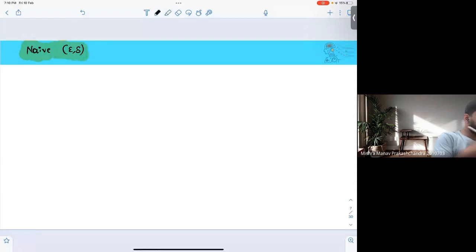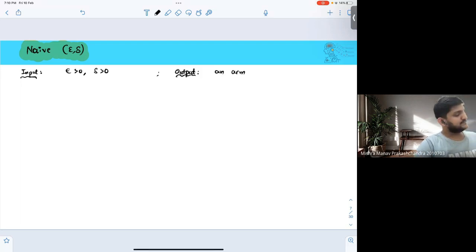So here my input is some quantity epsilon, some quantity delta, and my output is basically an arm. Okay.